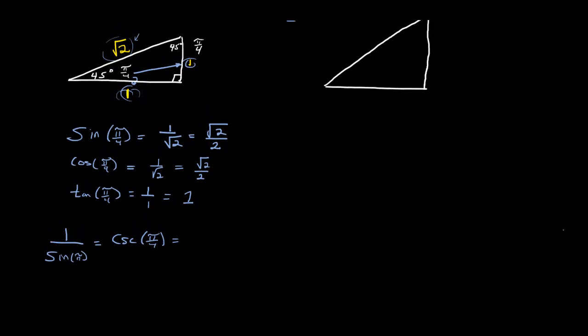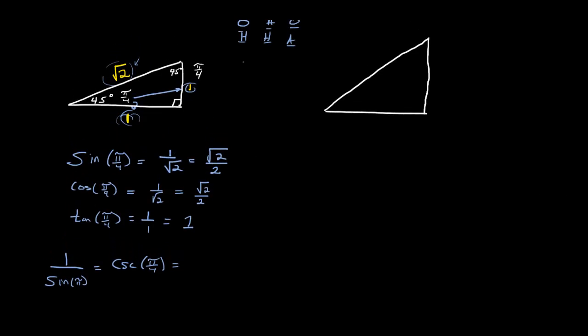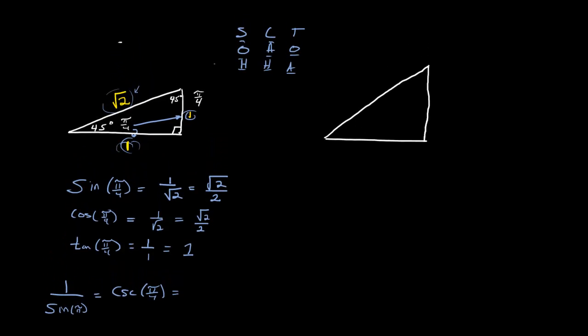Sine is opposite divided by the hypotenuse. If we invert this, we have the hypotenuse over the opposite. So the hypotenuse is square root of 2 over the opposite, which is just a value of 1. So the cosecant of pi over 4 is square root of 2.